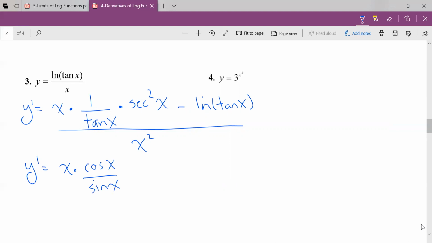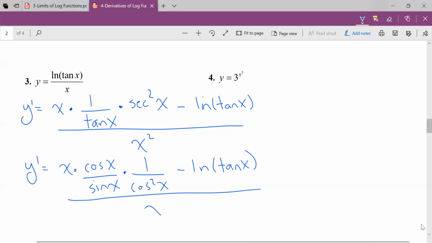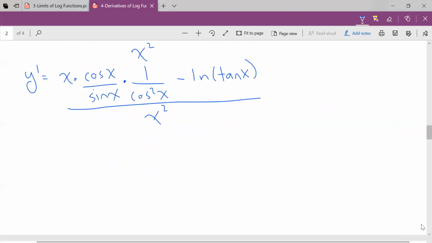The reason I want to do that is because secant squared is 1 over cos squared. And so again, with these questions, it's not the taking the derivative part that can be tricky. Sometimes it's the simplification that occurs afterwards. Why did I do that? Well, I see here that cos x and cos squared simplifies down.